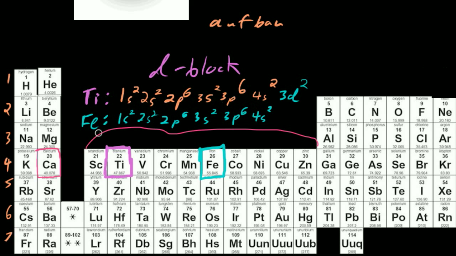Now we've got the same electron configuration as calcium, and we just have to add on our 3d electrons. We have 1, 2, 3, 4, 5, 6 of them, so we have 3d6. And this is our electron configuration for iron.